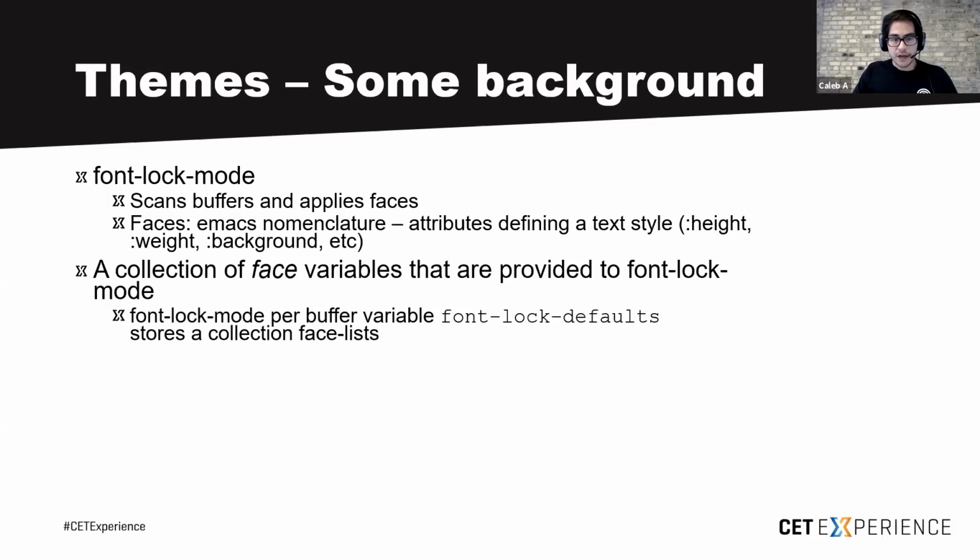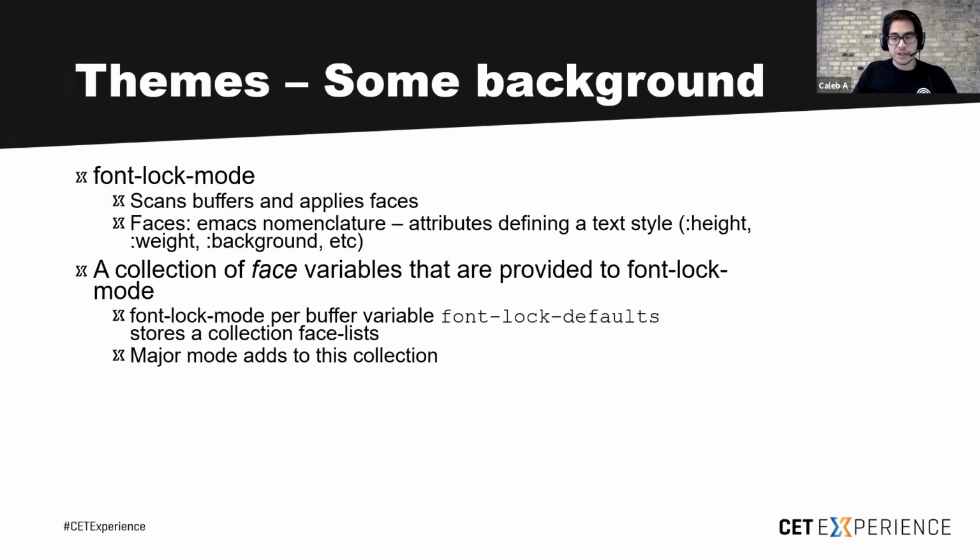So how does font lock mode work? It stores the list of faces in a variable called font lock defaults. And that is per buffer. So then the major mode will populate this list with its faces when font lock mode is initialized.